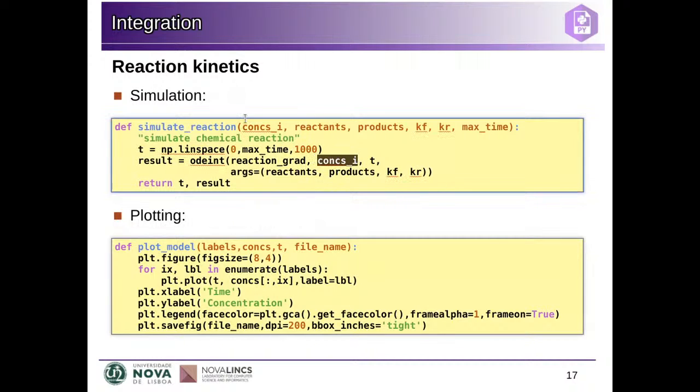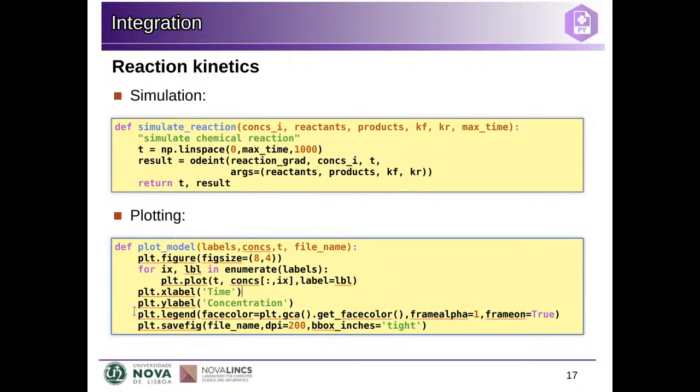So the initial concentrations are the starting point for our reaction, the vector of time values where we want these species concentrations to be computed, and the additional arguments that we need. So these arguments are the stoichiometric vectors for the reactants and the products. This specifies our reaction, and the two constants, the forward and the reverse constant.